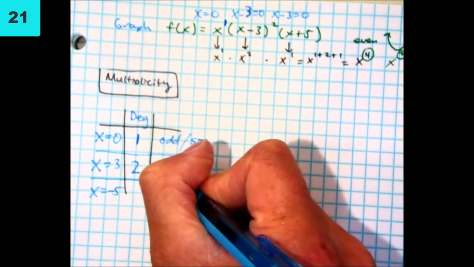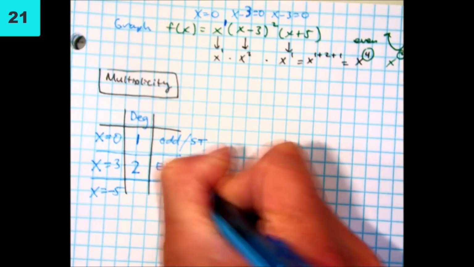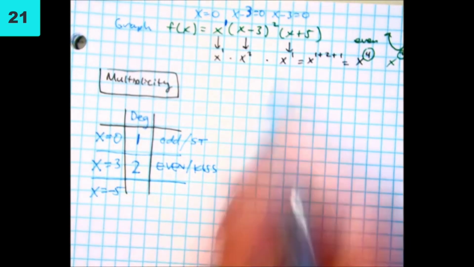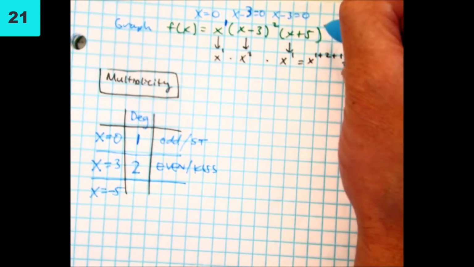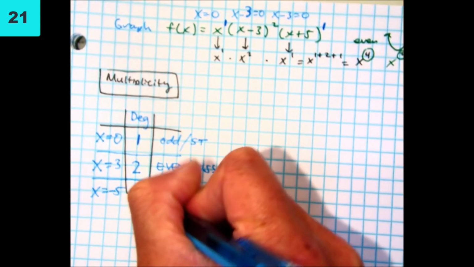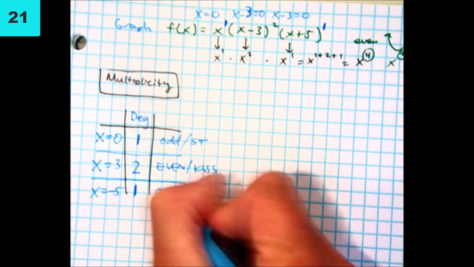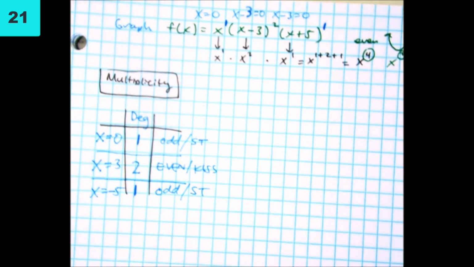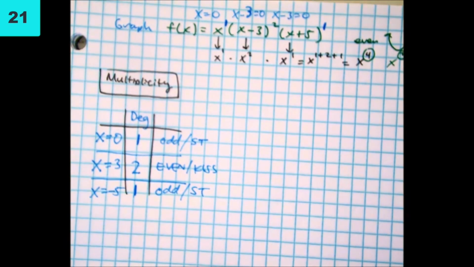This 2 is an even number, and you will kiss. And the last one, its highest degree is what? 1. Odd or even? Odd. Shoot through or kiss? Shoot through. Let's go ahead and give yourself a graph now.